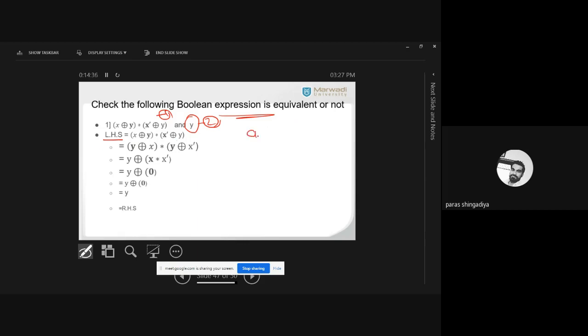So what is the distributive law we have? A ring sum B star C, the answer is A ring sum B star A ring sum C. Okay, in both A is common, B and C are different.